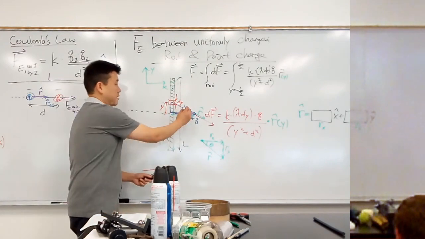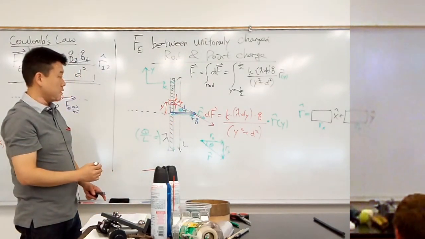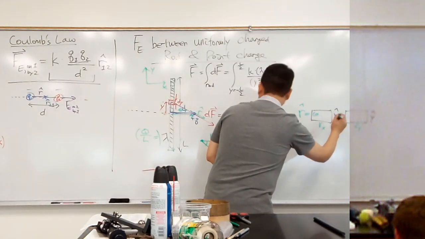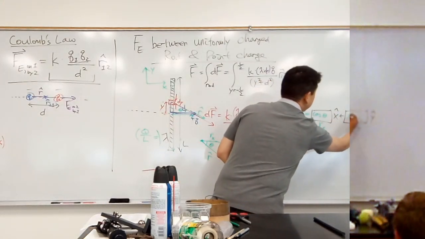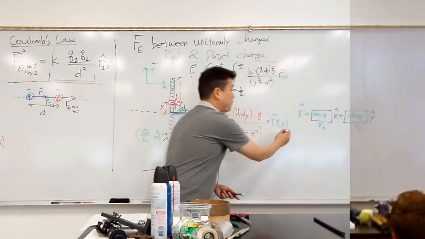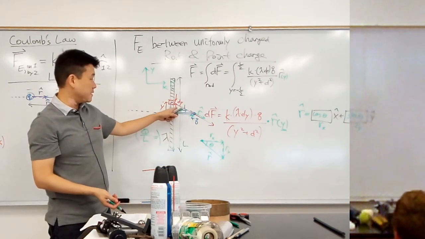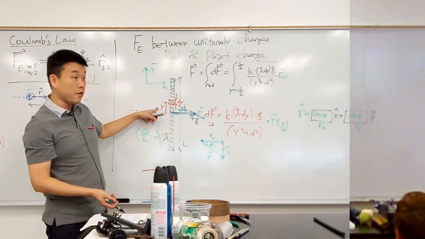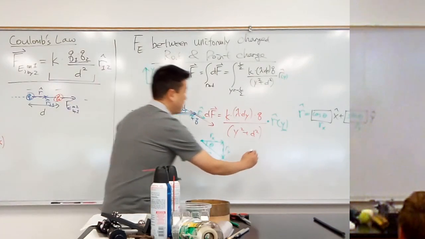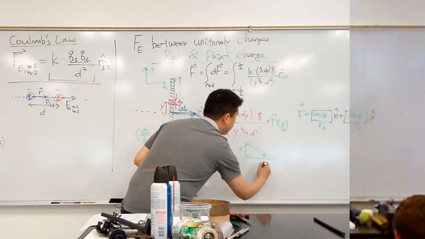Wait, I know this angle here. This angle here is this angle here, right? So I could say it's cosine theta and sine theta, but that wouldn't quite work for our purposes because I really want it as a function of y, not theta. So that's why I have to go through this step. This theta can be expressed as a function of y. So looking at this triangle here, let me draw the triangle also. It looks like this: theta, y, d.